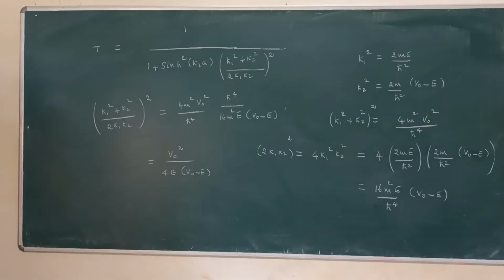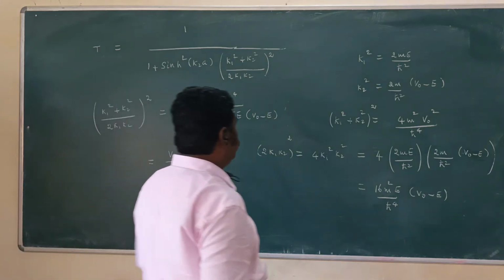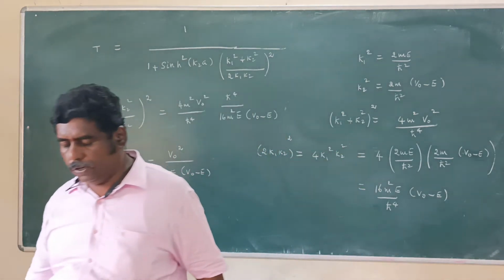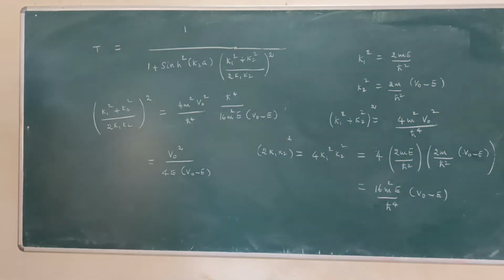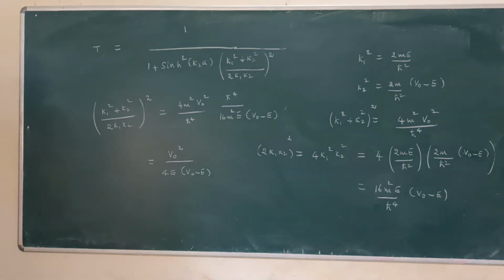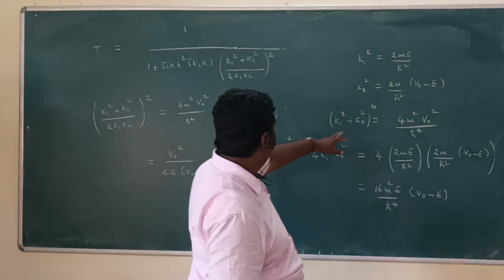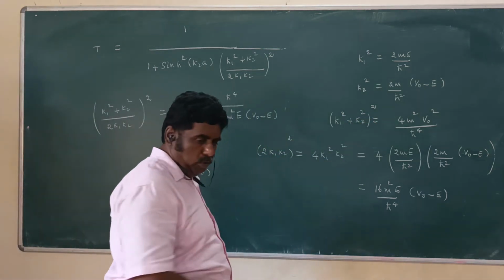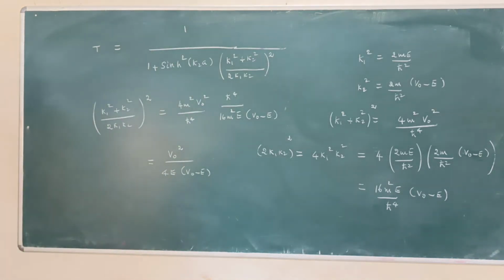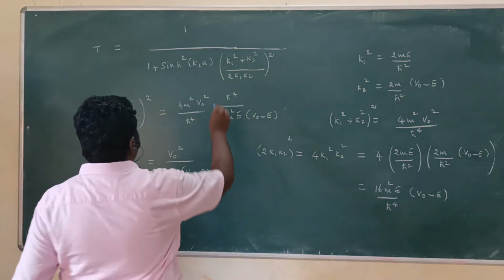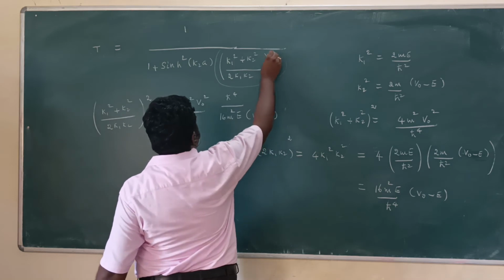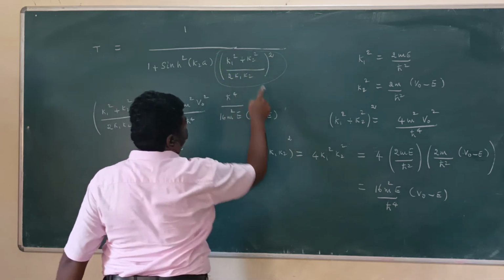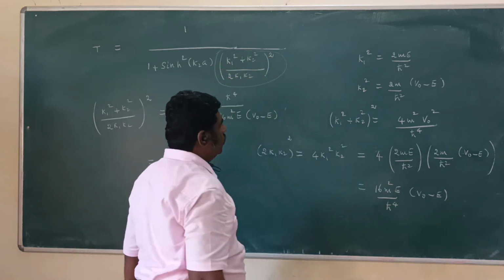We know the value of k1 square is equal to 2mE by h cross square, and k2 square is equal to 2m by h cross square into (V0 minus E). Now I have calculated (k1 square plus k2 square) whole square. In order to find this term, it is separately calculated.